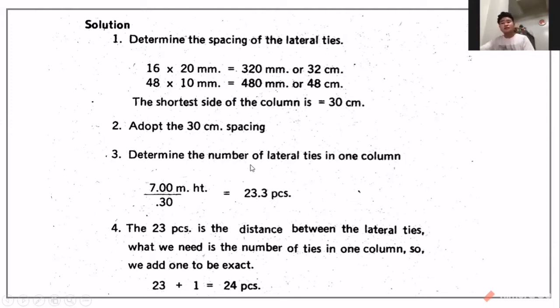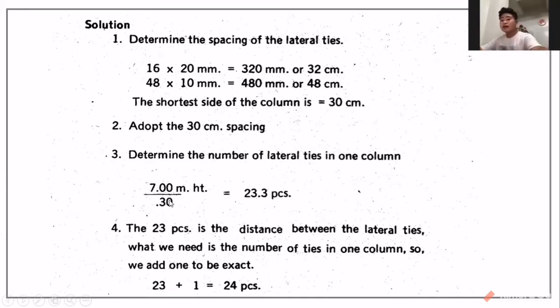Okay, so determine the number of lateral ties in one column. Okay, so the height of our column is 7 meter, and then it was divided by 0.30.